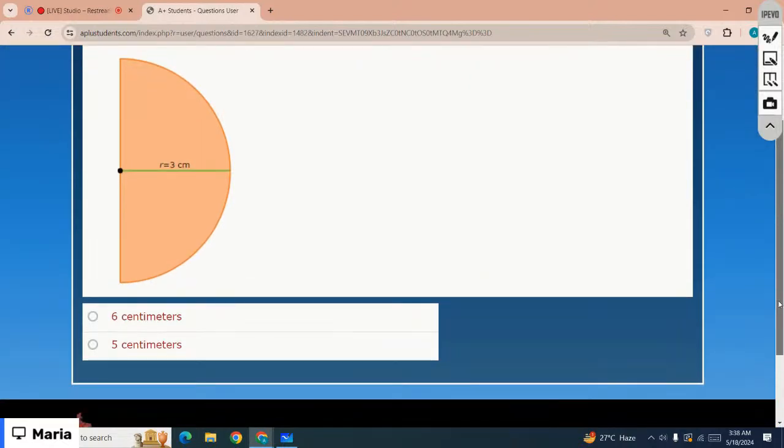So the correct option is that is 6 centimeters, right? The correct option is 6 centimeters.